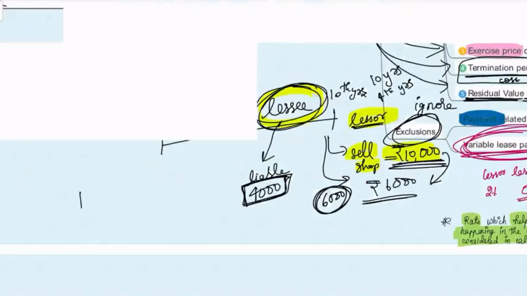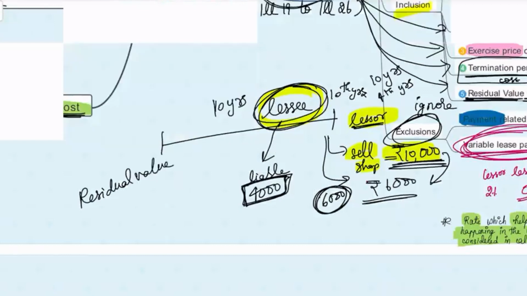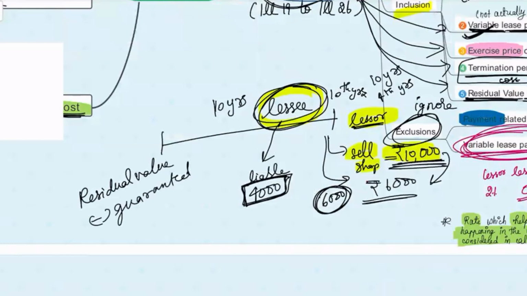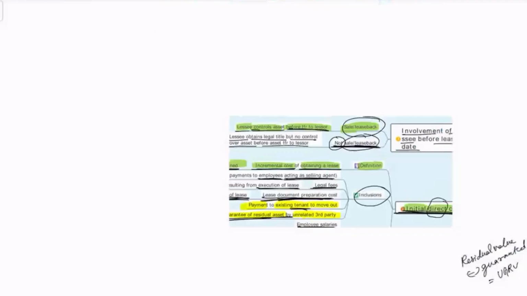So residual value minus whatever has been guaranteed from it. If you remove the guaranteed residual value, you will be left with your unguaranteed residual value. Okay, I hope you understood this.